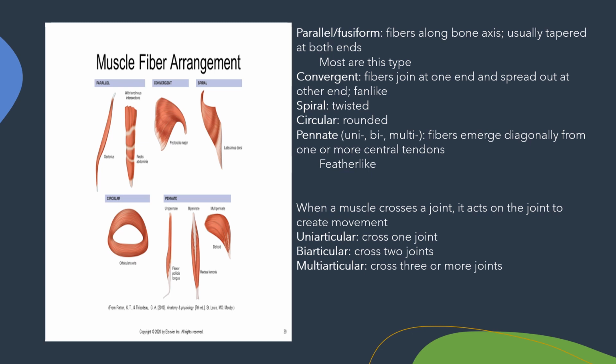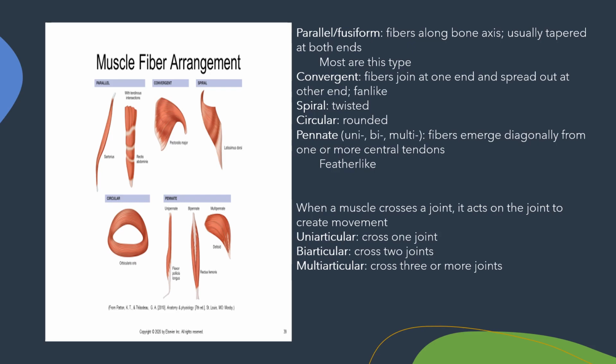If you don't know what those 3 prefixes are, please refer back to chapter 18. But each of these muscles is also going to be crossing either 1, 2, or 3 or more joints. So that further gives us the definitions of uniarticular, biarticular, and multiarticular, just defining how many joints that particular muscle fiber is crossing. Those definitions, if you need more, are on page 405.